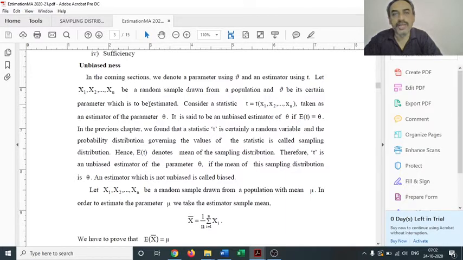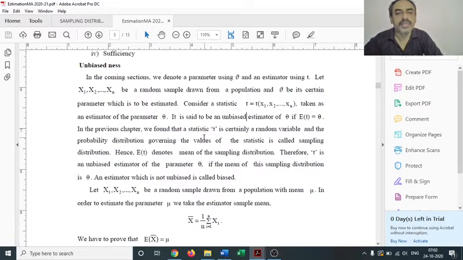If we are formulating with some mathematical operators or mathematical functions, then only it can be used to estimate a certain parameter. Suppose T is an estimator proposed to estimate the parameter theta.